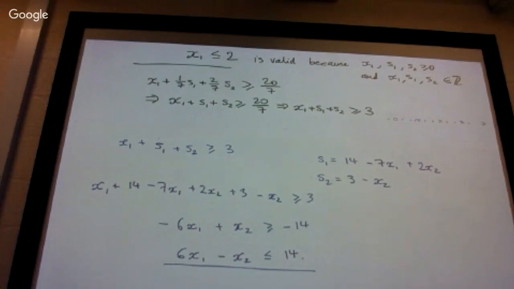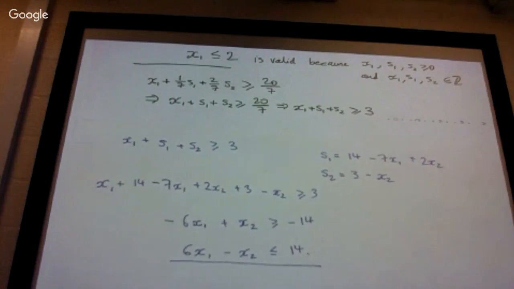So it might be slightly, not very much, but a little bit more work to add it into the tableau than the other one. But other than that, I can't see any reason why you shouldn't use this one. So I don't know. But in any case, it does give you a valid inequality as well.